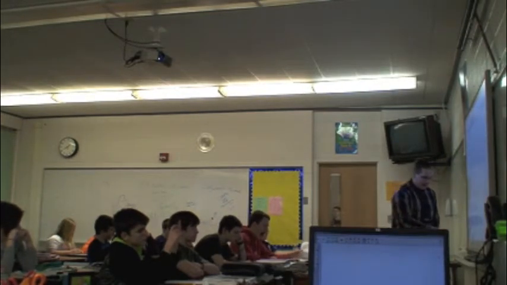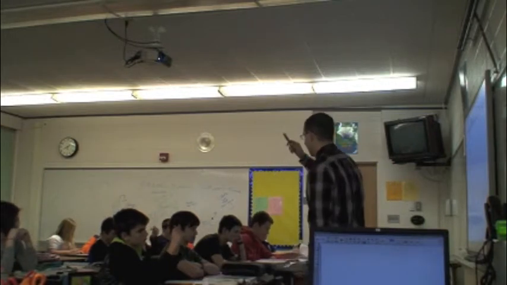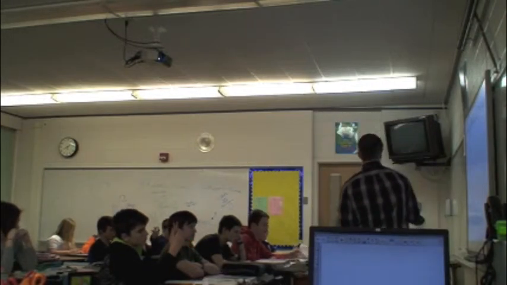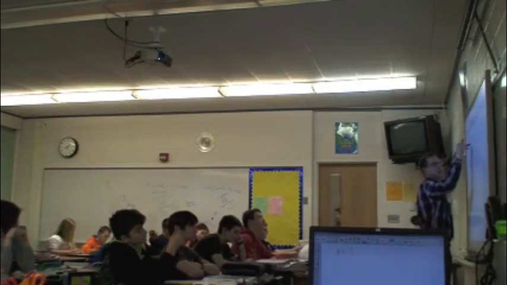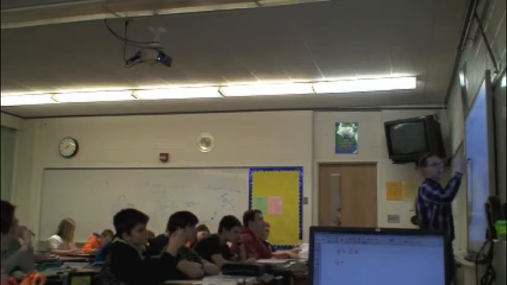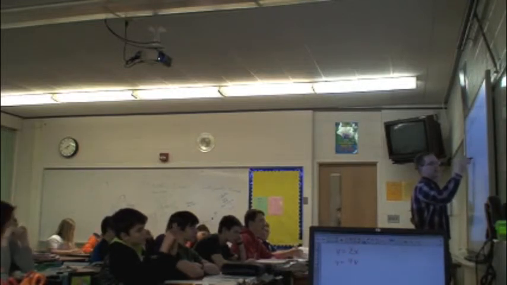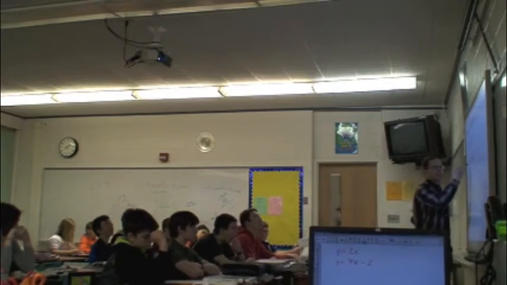So first off, I want to give you a little bit of a simpler system to try to use substitution in, okay? I'm going to give you y equals 2x and y equals 4x minus 2. Now the question is, what is the solution to this system?